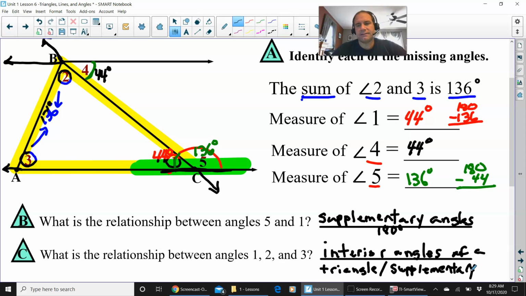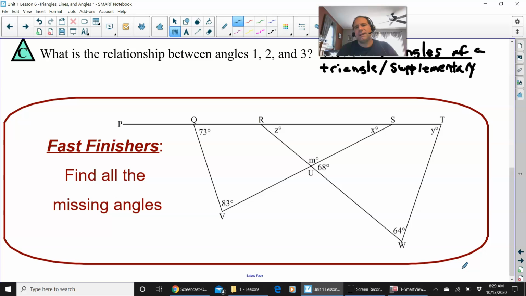And that's basically it. So this is labeled as a fast finisher, but the thing is, we want you to try these. Don't skip them. And believe me, these aren't that difficult. The first thing I do when I look at something like this and there's a whole bunch of angles missing, I start filling in what I know. And I know straight lines are 180 degrees.